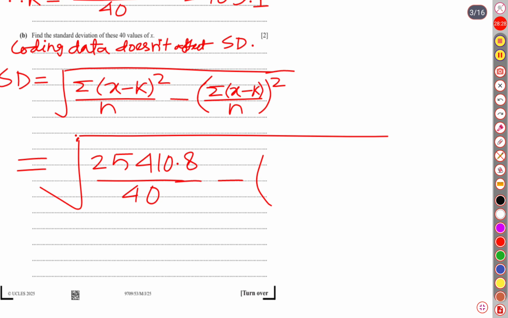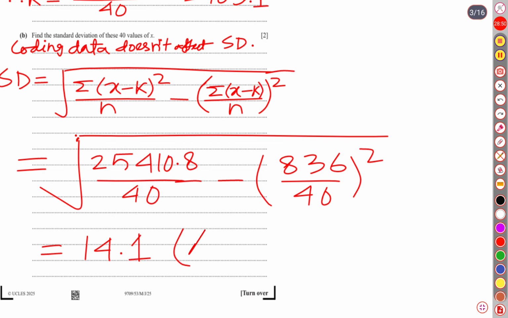So it is 836 over 40, whole squared. So finally our standard deviation, using our calculator, is 14.1. So what have we learned from this question?